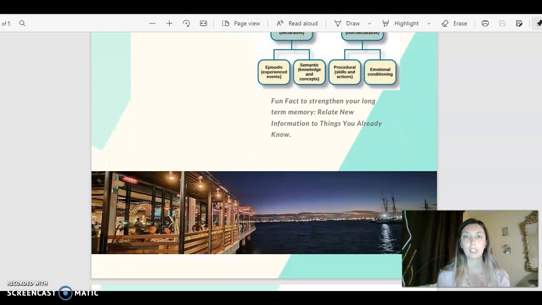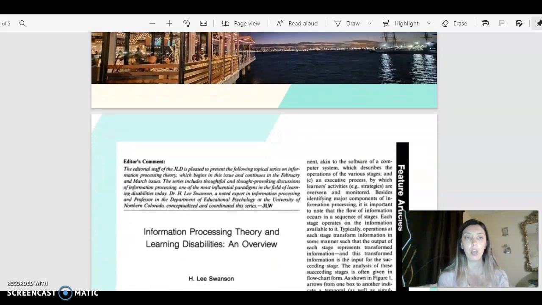And then my next fun fact to strengthen your long-term memory is relate new information to things you already know. So making that connection, so that things you already know that are stored in your long-term memory connect with the new memory, so then it can be stored as well.